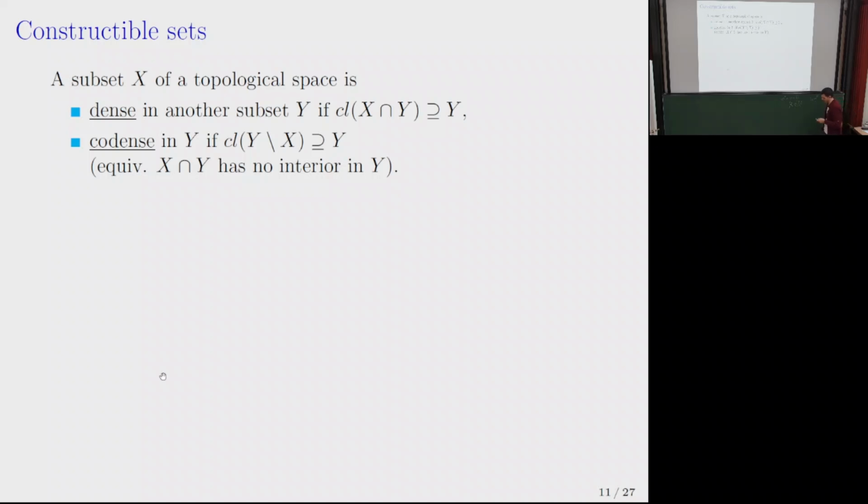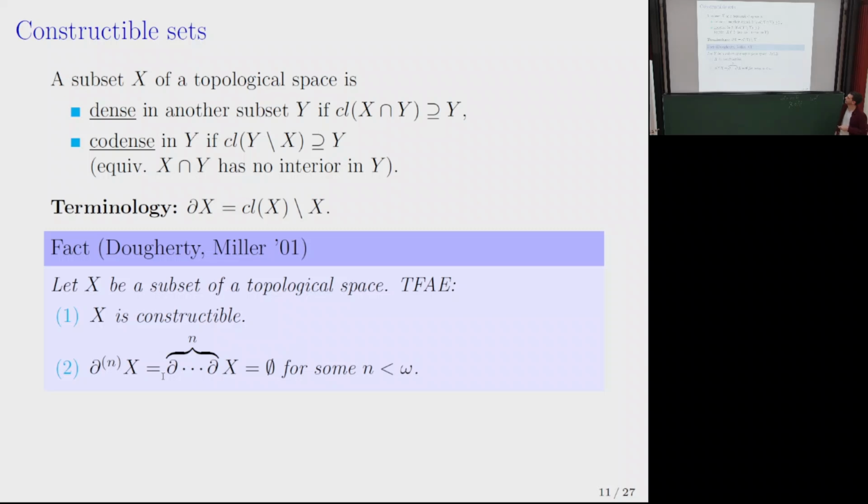And with this, we have this fact about constructible sets due to Miller. So X is going to be constructible if and only if the iterated frontier becomes the empty set in finitely many steps. Okay? And this is really the way to think about constructible sets, I think.